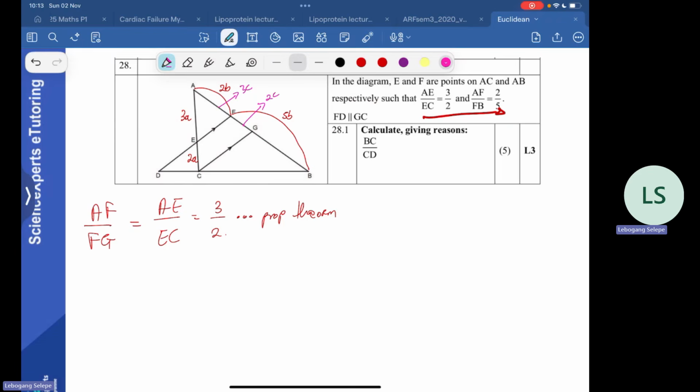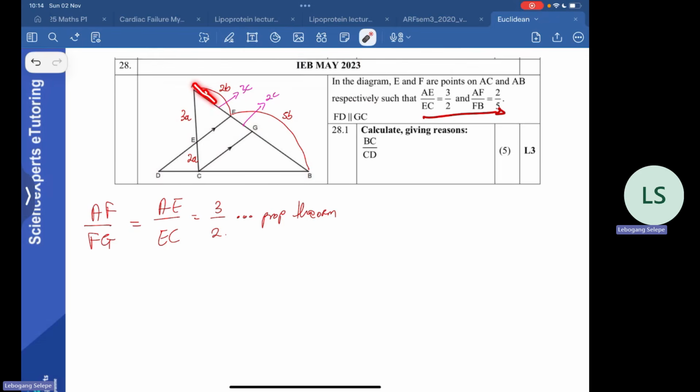I'm using different letters for different ratios. For the ratio AF over FG, I used C, and for the ratio AF over FB, I used the letter B. So always start where you see different letters on the same line.